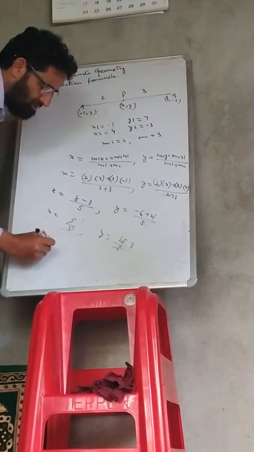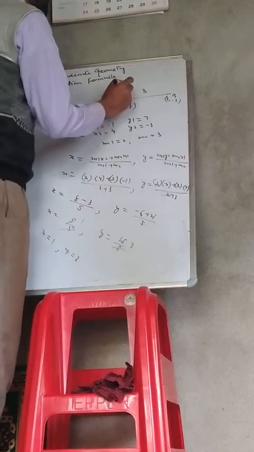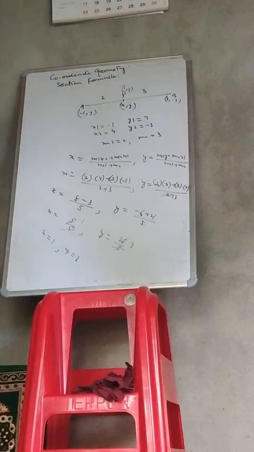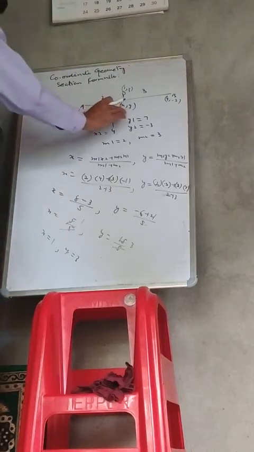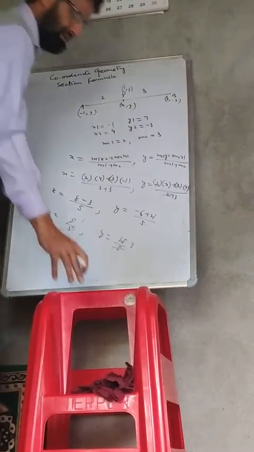So x is equal to 1 and y is equal to 3. So the coordinates of this point P are (1, 3). This is very simple. By employing this section formula, you can find the coordinates of the point that divides the line segment into sections.